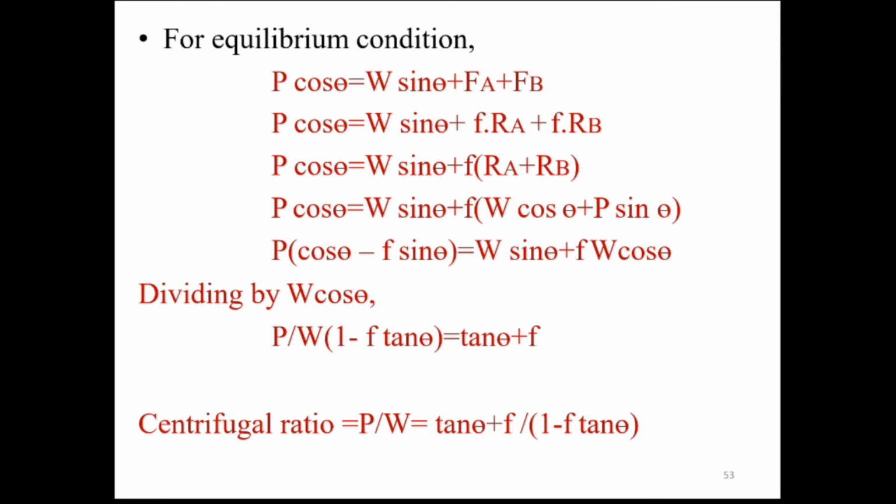So for the equilibrium condition, P cos theta should be equal to W sin theta plus FA and FB. So P cos theta equals W sin theta plus F into RA plus F into RB.